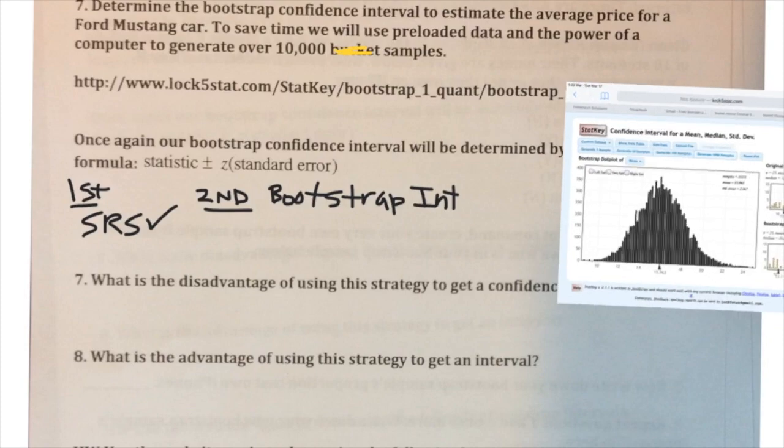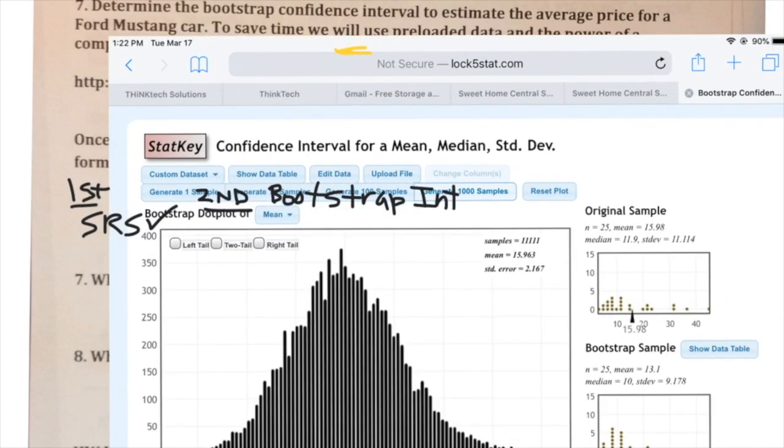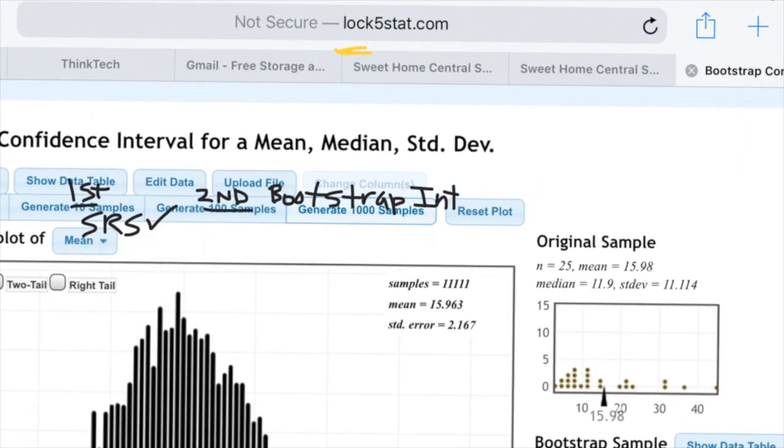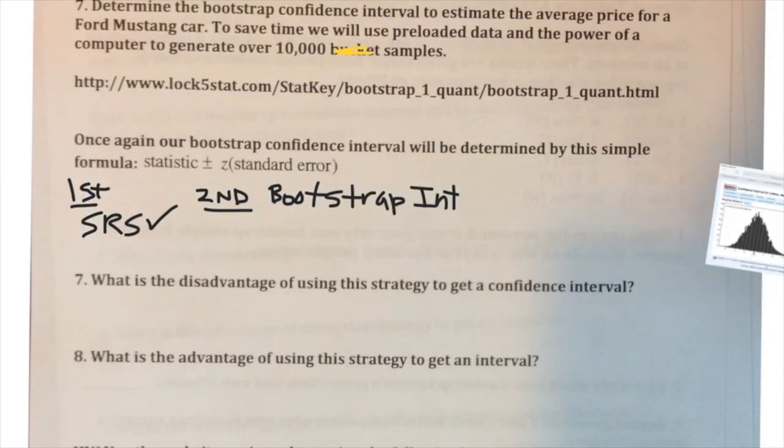And we're just going to be plugging into this formula using those numbers that are right there. So we need to know the average of all. The statistic here is the average, which comes out to be 15, well basically 16 right here. And the standard error is about 2.2. So 16 and 2.2 are the numbers we'll need. So we're going to write 16 plus or minus the z-score times 2.2.